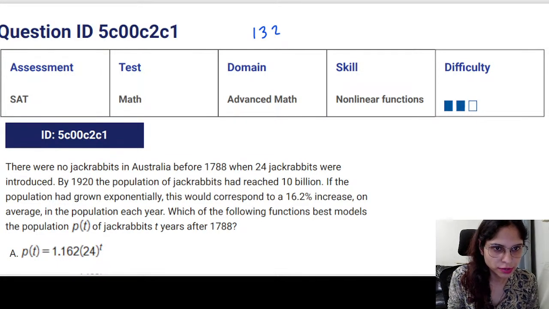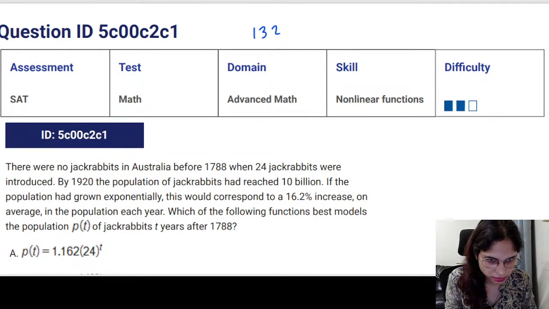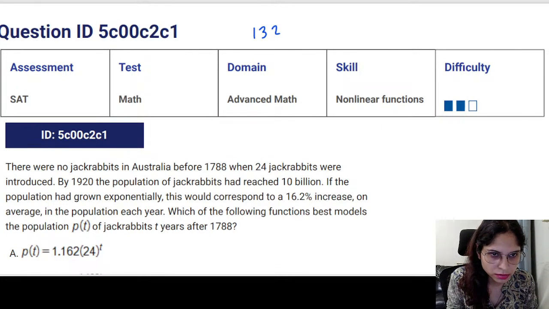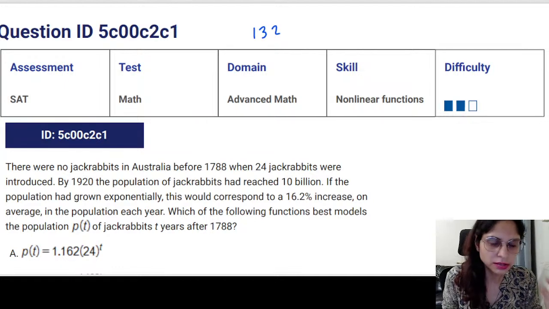Okay, and over here we just want the easy ones. Can I create a filter over here? Okay, fine. I can't create a filter over here, but that's okay.